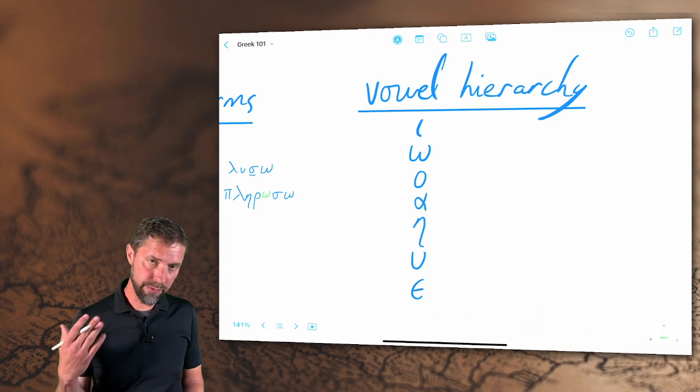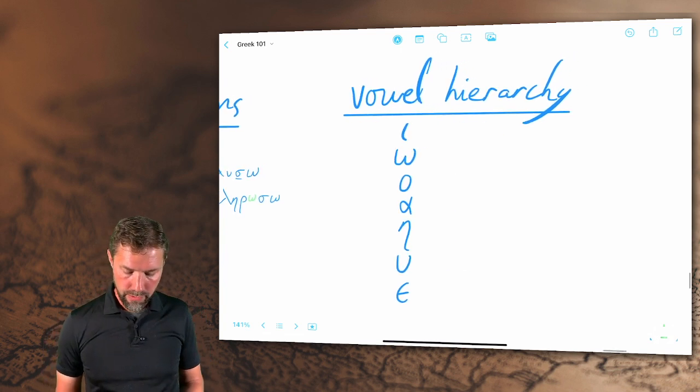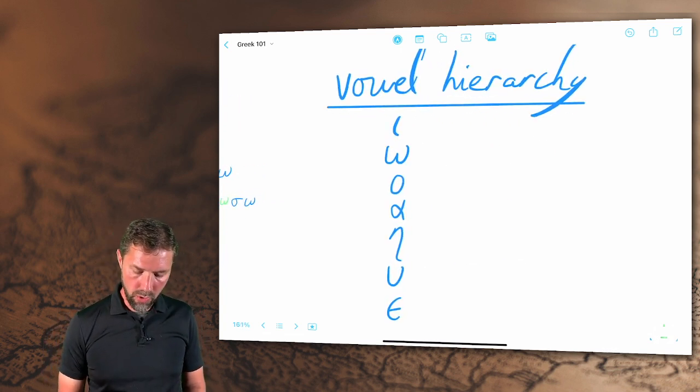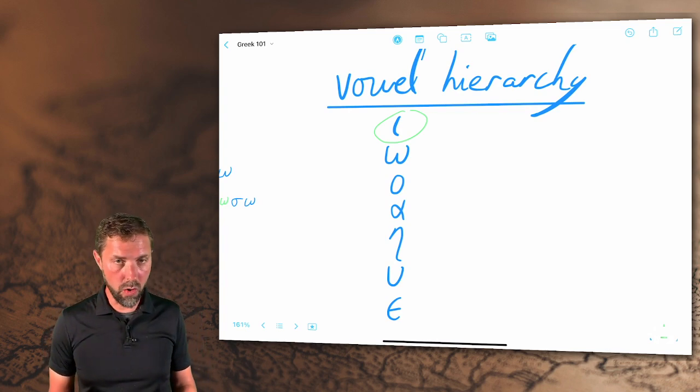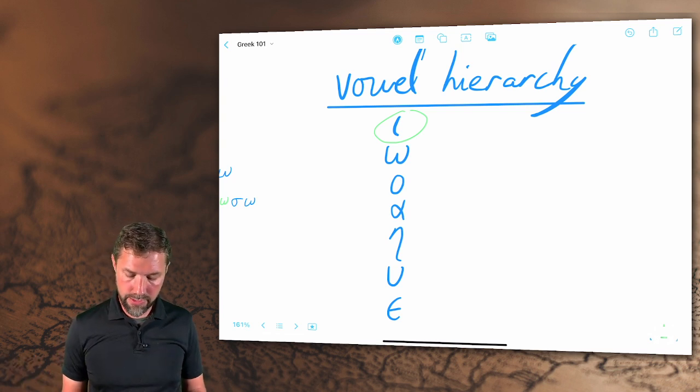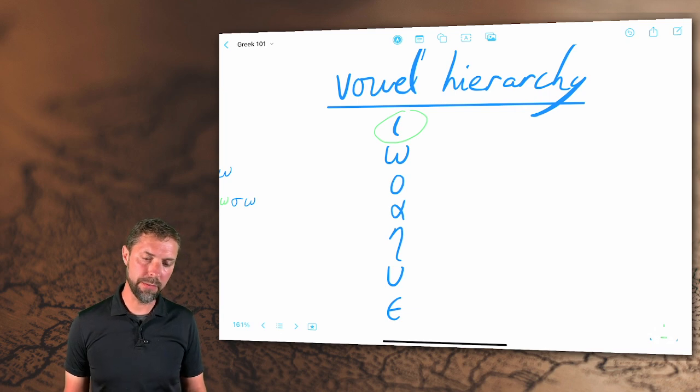And again, just for mnemonic purposes, the iotas are almost always going to be retained. Iotas are almost always going to carry in, and they're going to carry in as iota subscripts, with just a few exceptions.